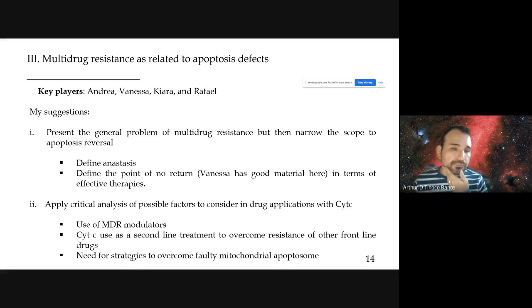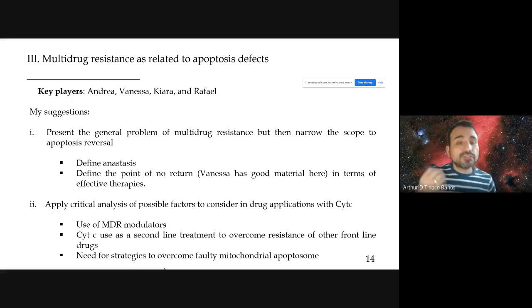And then we can also think about the need for strategies to overcome faulty mitochondrial function and the apoptosome, which might be factors that need to be considered when thinking about certain applications, such as the use of cytochrome C, as far as their effective strategies.